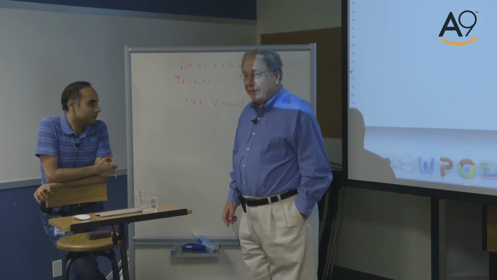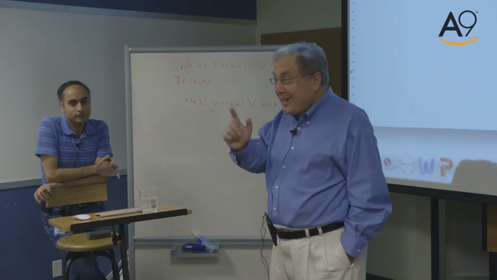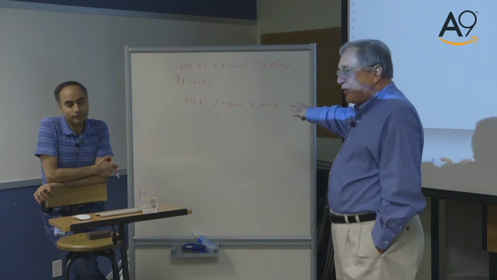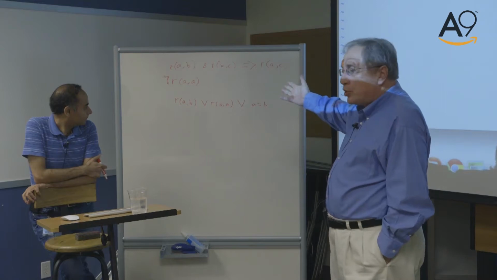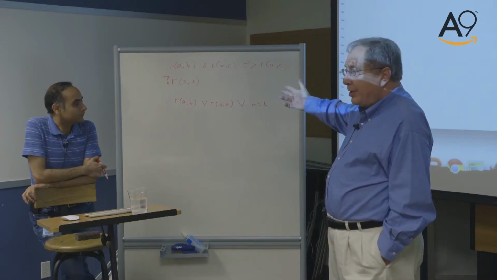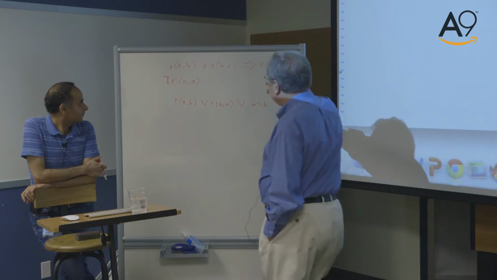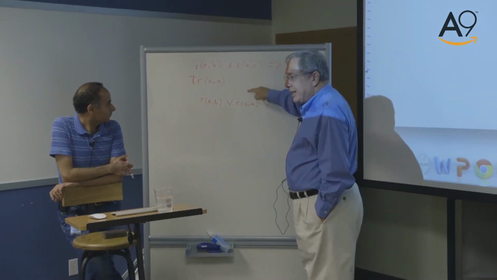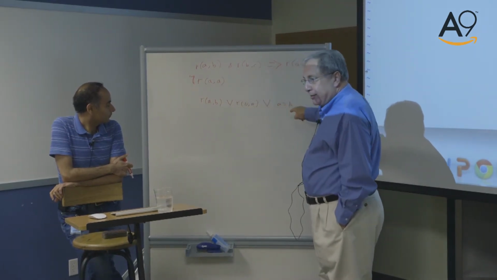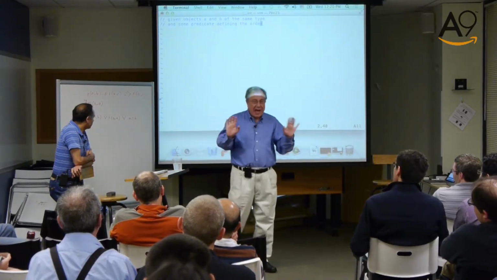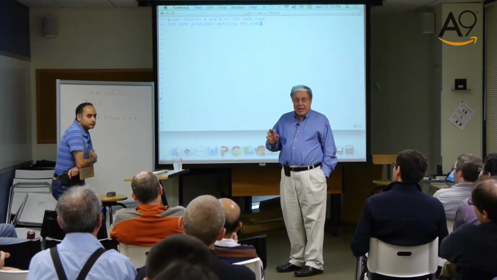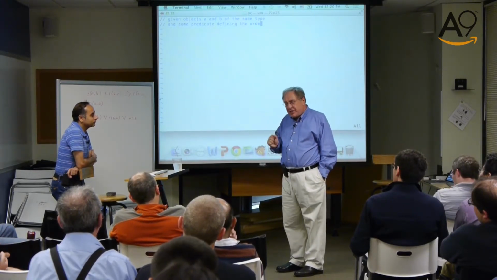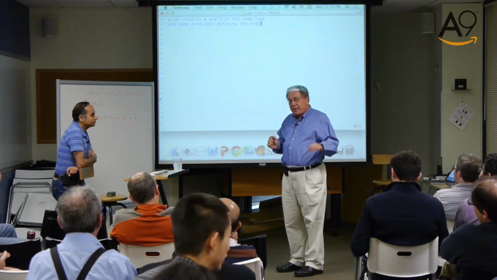Those of you, especially the brainy types, or those who believe themselves to be brainy types, should prove it. It's very simple. You have to use these axioms. Okay, I don't want to do that.